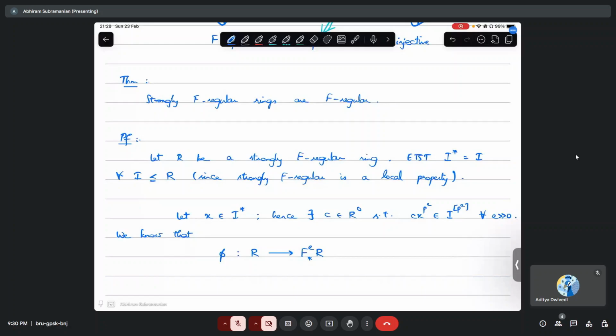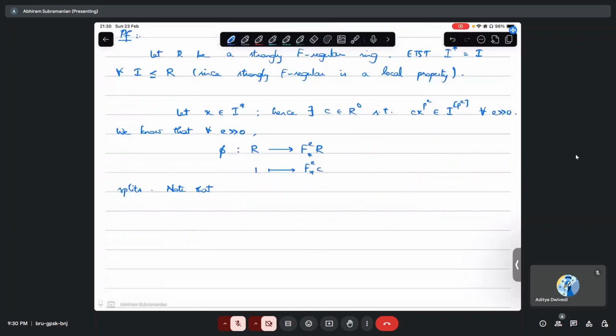For all e large enough, phi e of x is x dot Fe star c, because this is an R linear map, and so once you have defined where one goes, you can immediately see where the other elements must go.